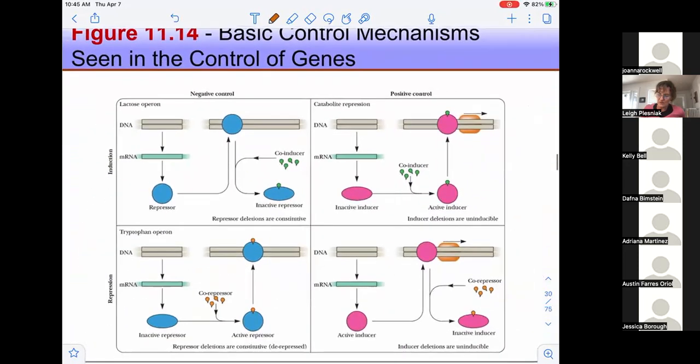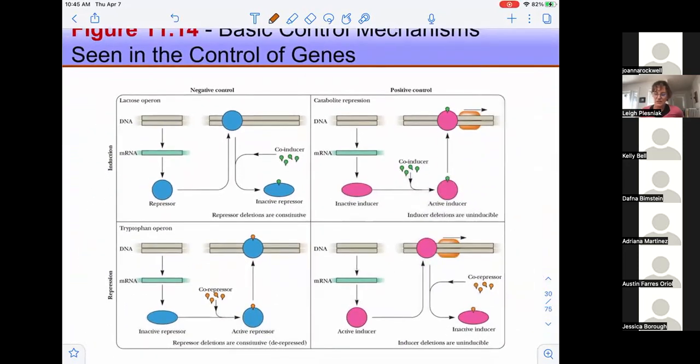So this is a cartoon illustrating the different kinds of control. You have negative control with induction, where the small molecule binds the repressor and prevents it from binding. And that's with the lac repressor.